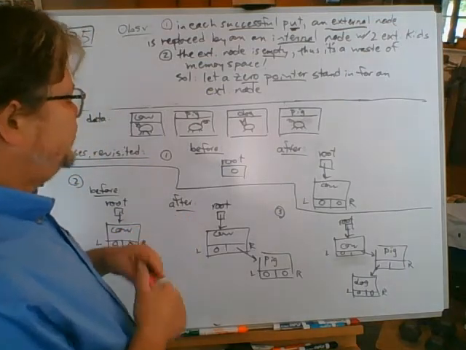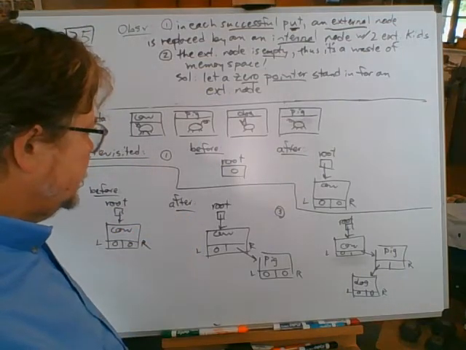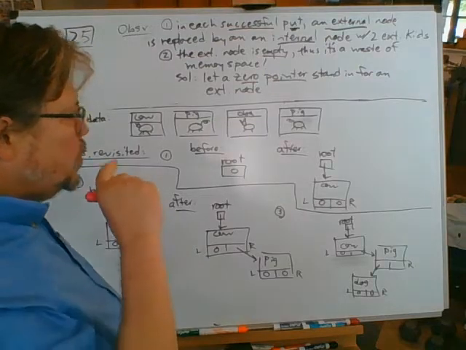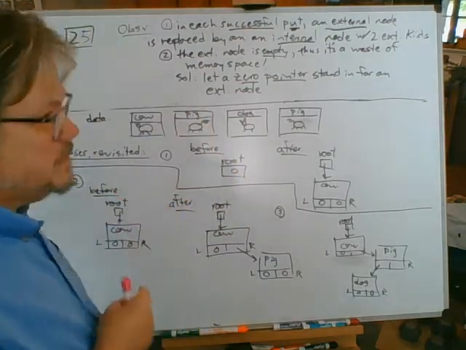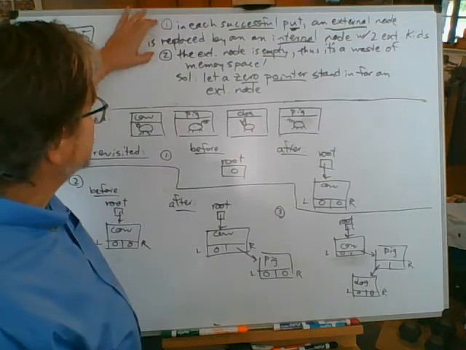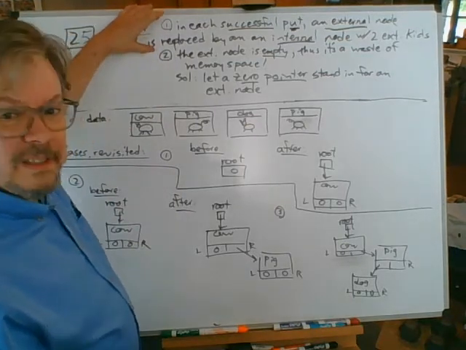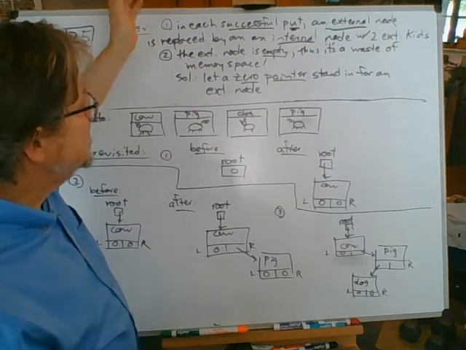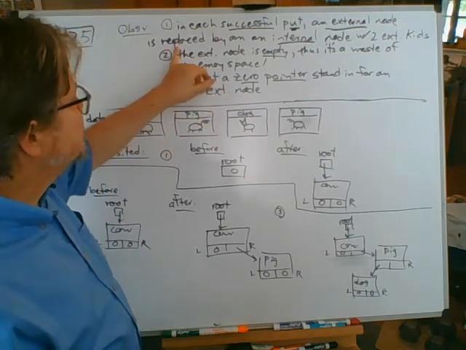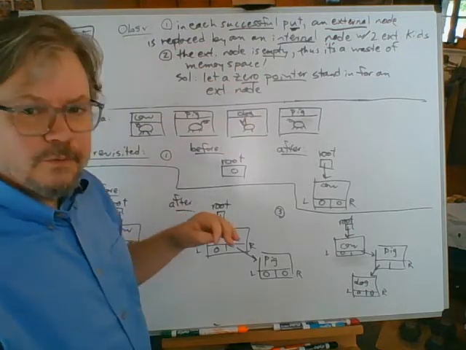Now, what else is there to say about that? Believe it or not, there is something else to say about that. This actually has a very subtle implication that I have not been bringing out. This business of in each successful put. I could have said in every successful put.